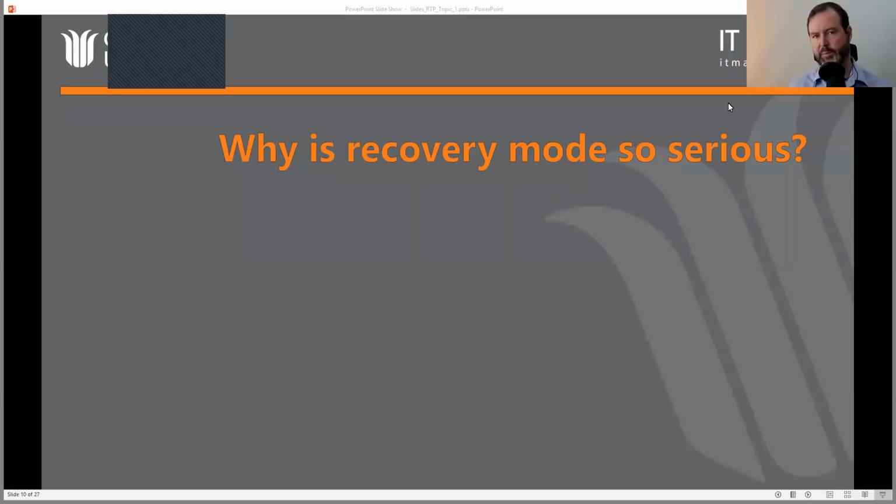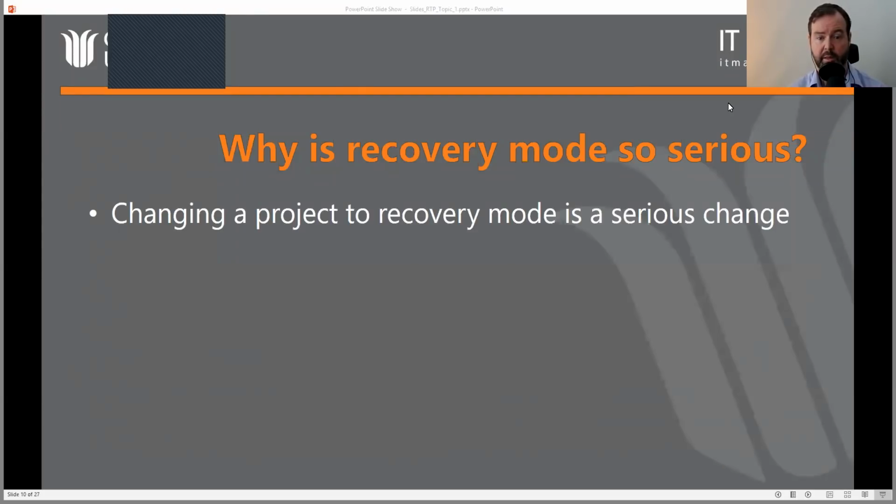Now, I've mentioned a couple of times already that recovery is a big thing, it's a dramatic thing. And I want to make the point as to exactly why that's the case. Because sometimes people talk about recovery and they'll perhaps mention it as a bit of a throwaway line. Well, we need to get into recovery mode, we need to do some drastic things here. But true project recovery is really quite significant. It's as significant as most of the steps that were taken to begin the project in the first place. Usually it means these things.